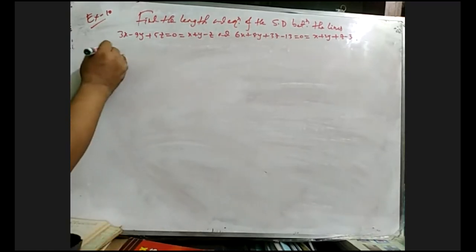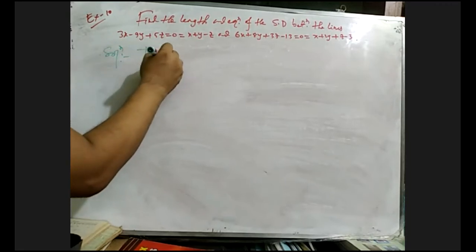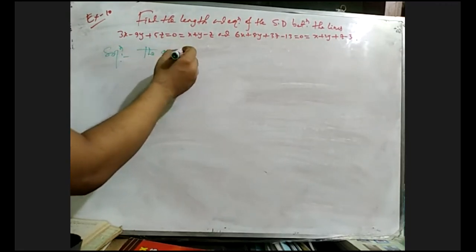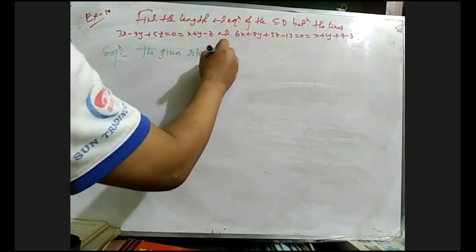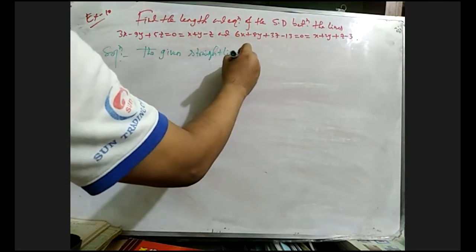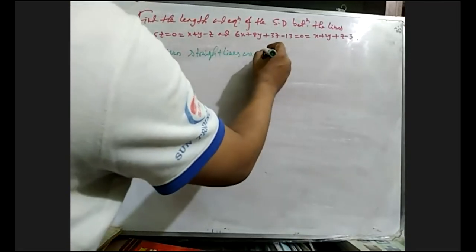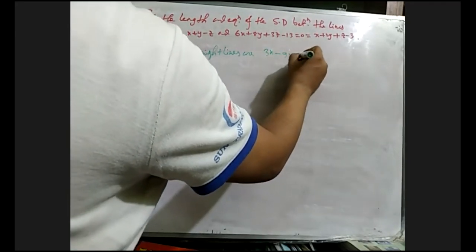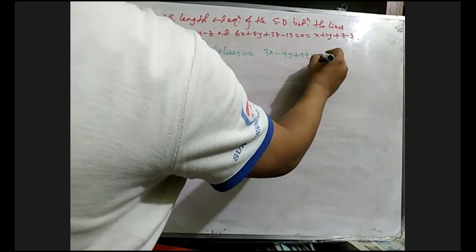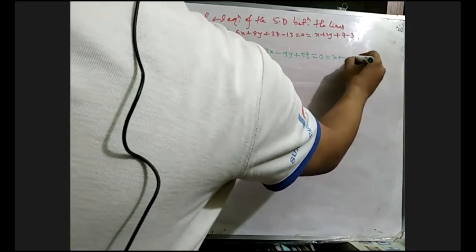The given solution: the given straight lines are 3x - 9y + 5z = 0 = x + y - z.